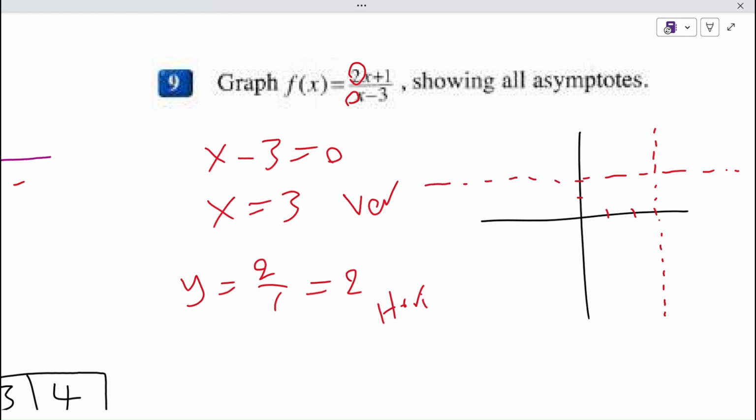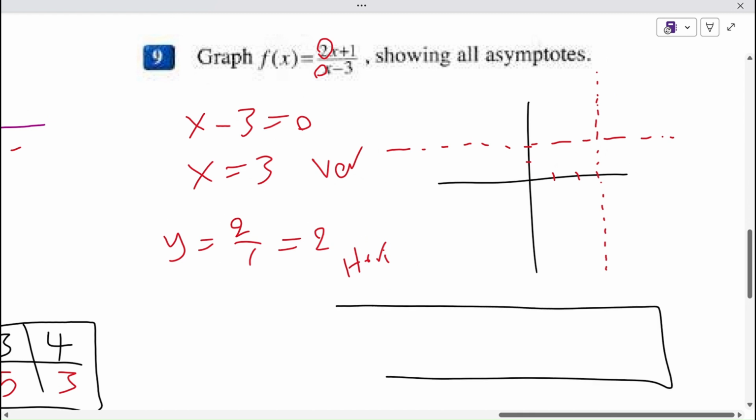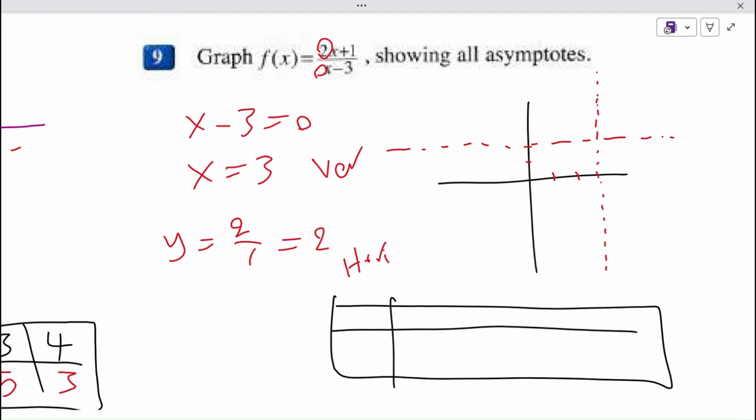Then you can take some points: 2 points greater than 3 and 2 points less than 3. Here we have x, y. Here we have 3, the 2 points greater than 3 are 4 and 5, and the 2 points less than 3 are 2 and 1.